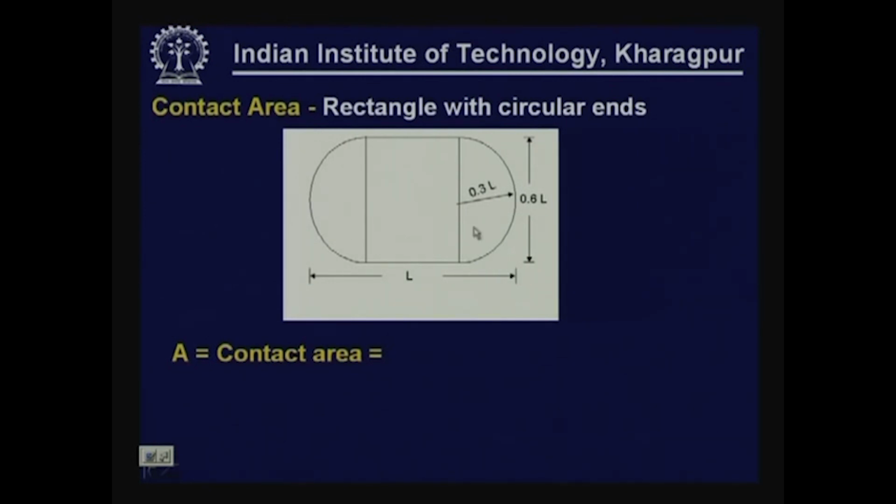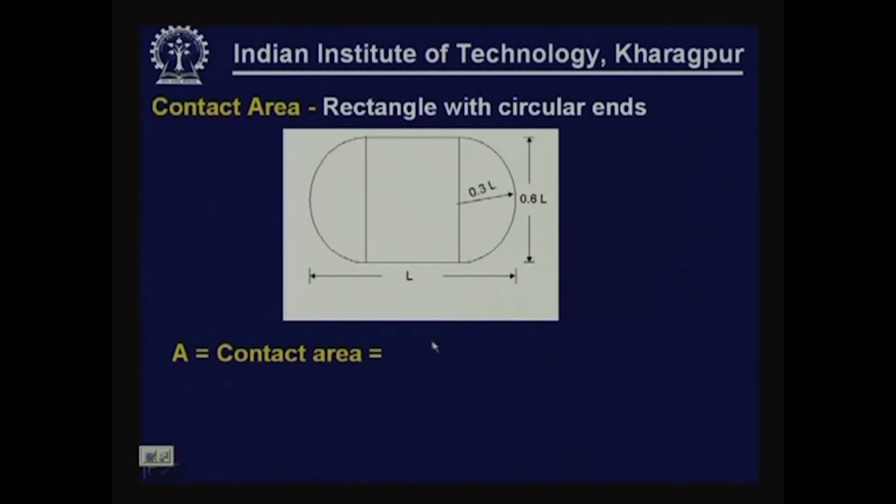If you assume the total length of the tire imprint to be L, the radius of the end semicircles will be taken as 0.3 L, and the width would naturally be 0.6 L. Then the dimensions of the central rectangle will be 0.4 L multiplied by 0.6 L. So we can work out the area in terms of L, and once we get L, we can get the shape of this diagram.